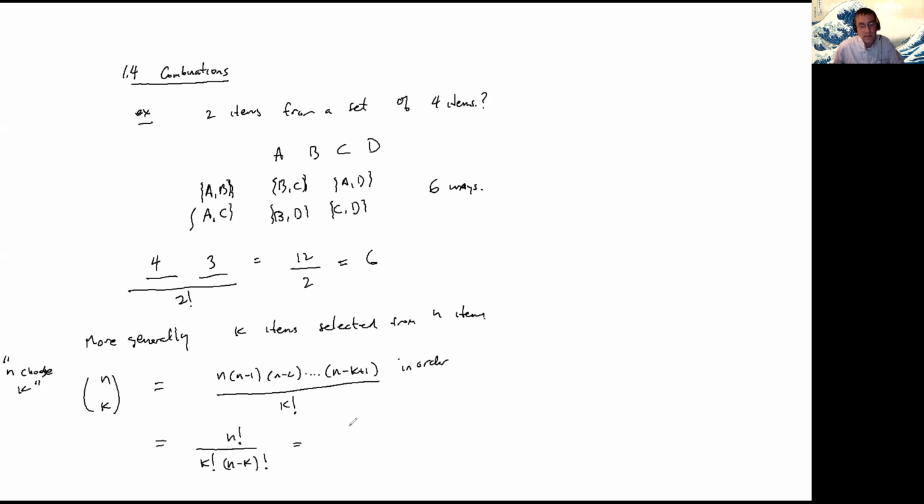And if you like, this can be rewritten as a binomial coefficient, k comma n minus k, from one of the previous whiteboard slides. So n choose k is the same as n over k comma n minus k. So this is what a combination is.